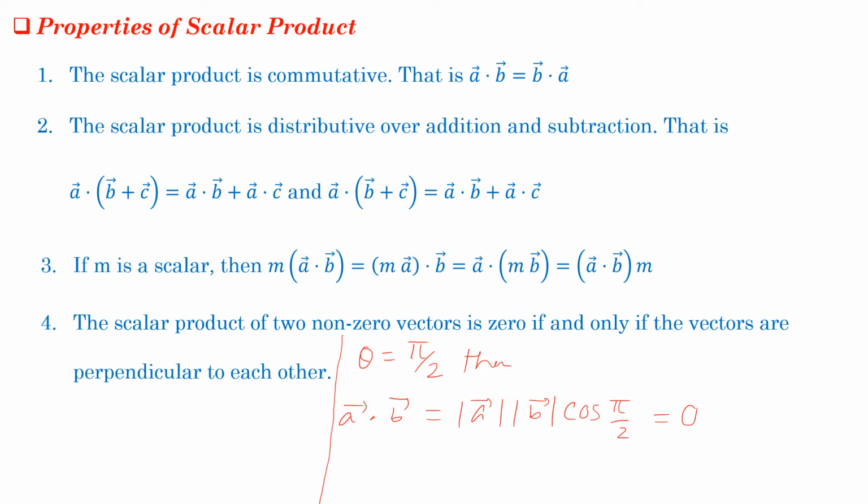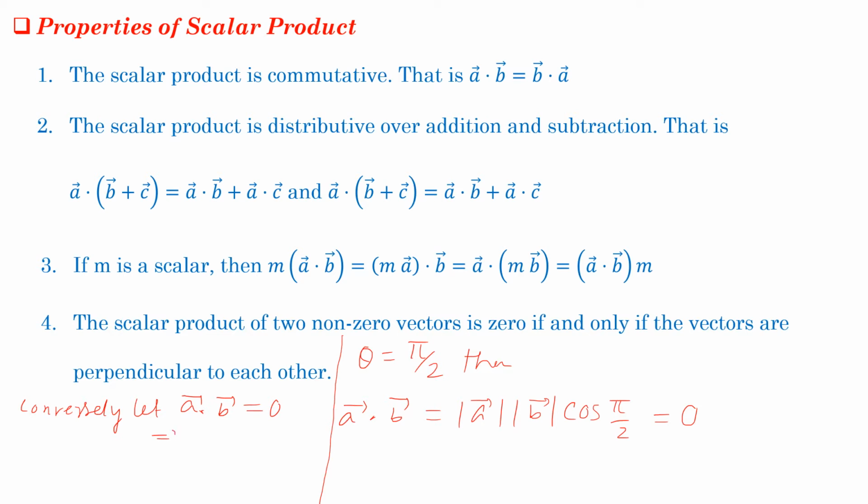And conversely, if you take the dot product to be 0, then they are perpendicular to each other, and that can be proven this way. You see, case 2: conversely, let A bar dot B bar be equal to 0.